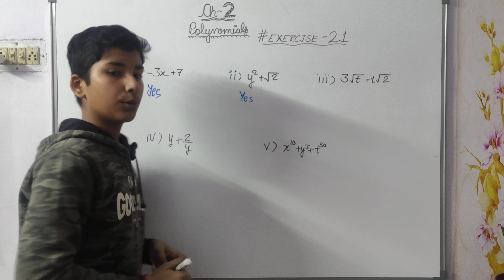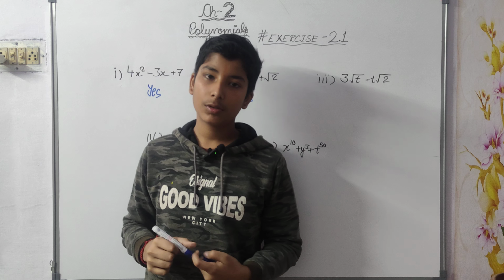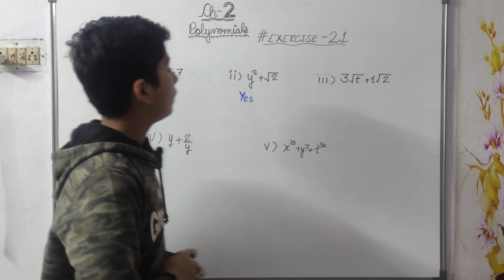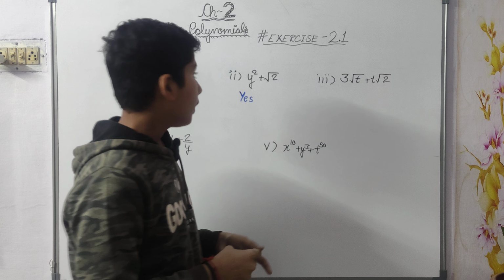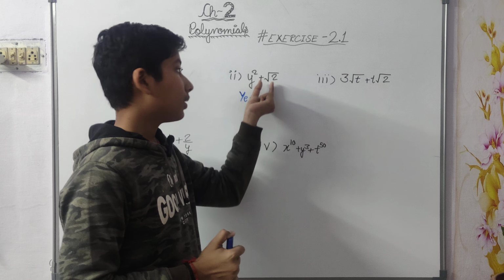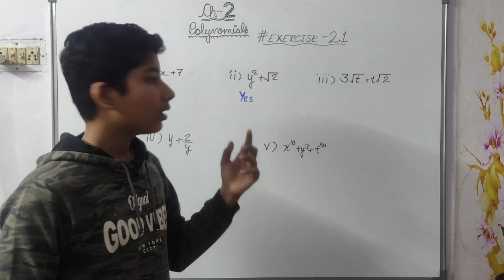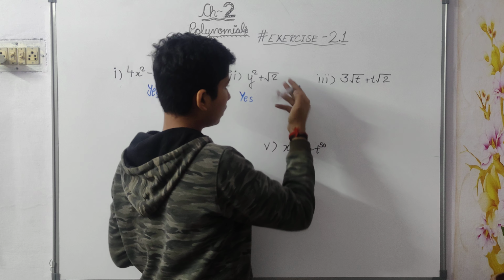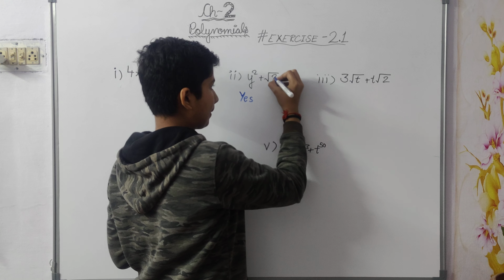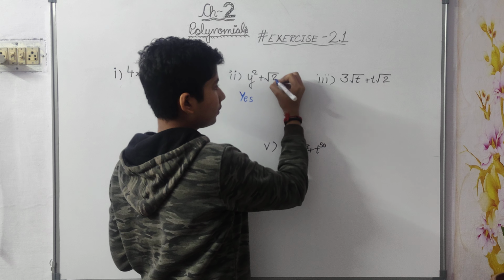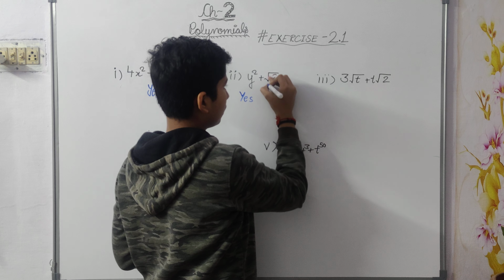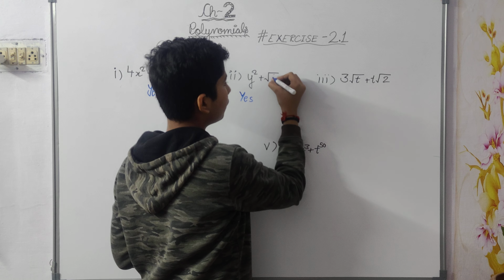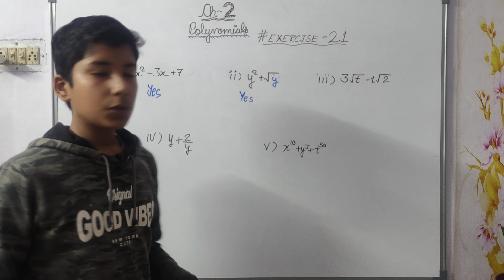You will think that there is a root constant over here, but this will also be yes. Why? Because if the root comes on the variable, like it would have been root 2 of y, then it would be no.